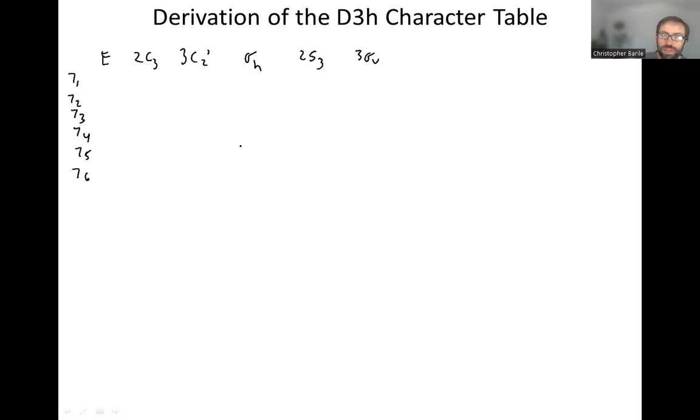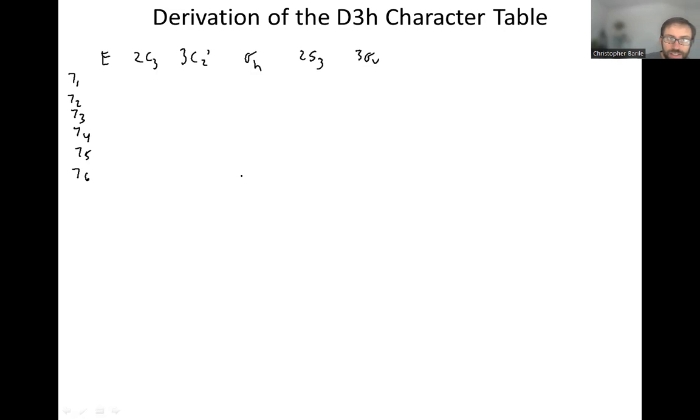Later on, once we know the values of the irreducible representations, we'll be able to assign them Mulliken symbols, which are more specific labels that chemists like to use because they give some information about the symmetry properties of the irreducible representation.